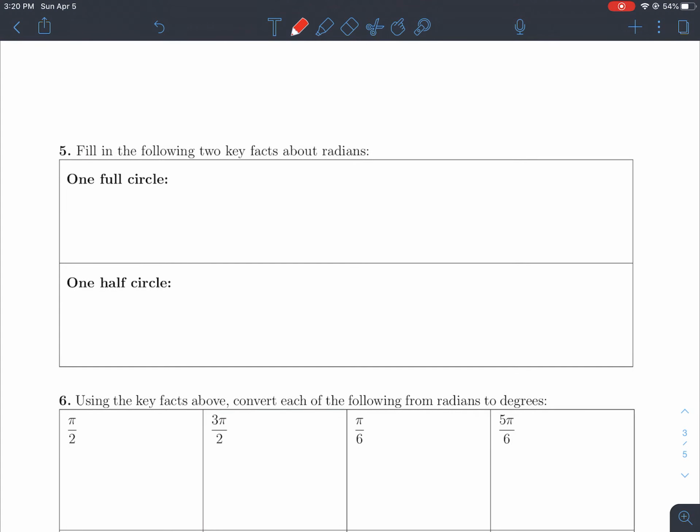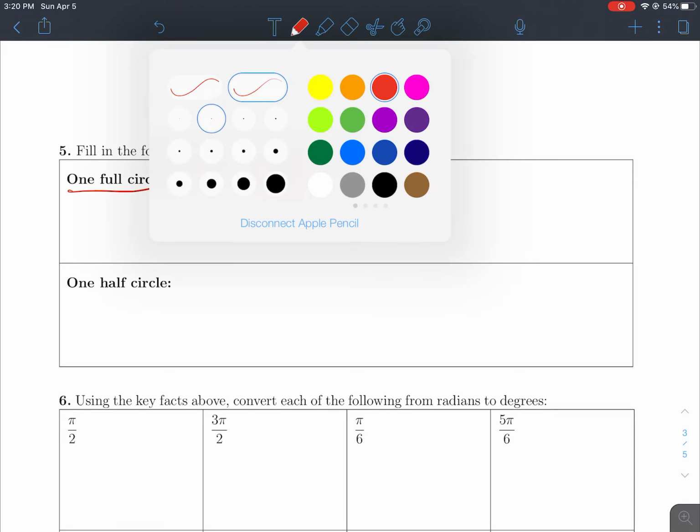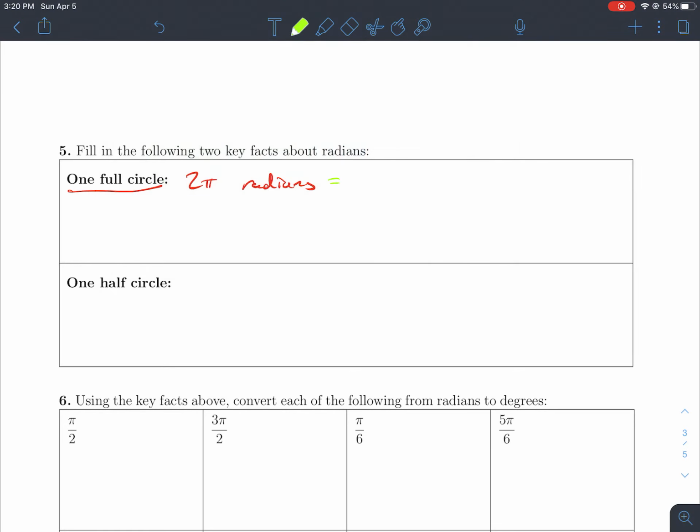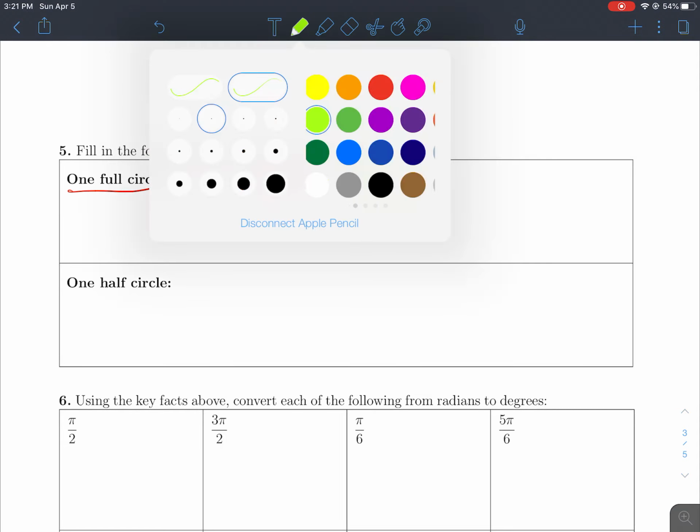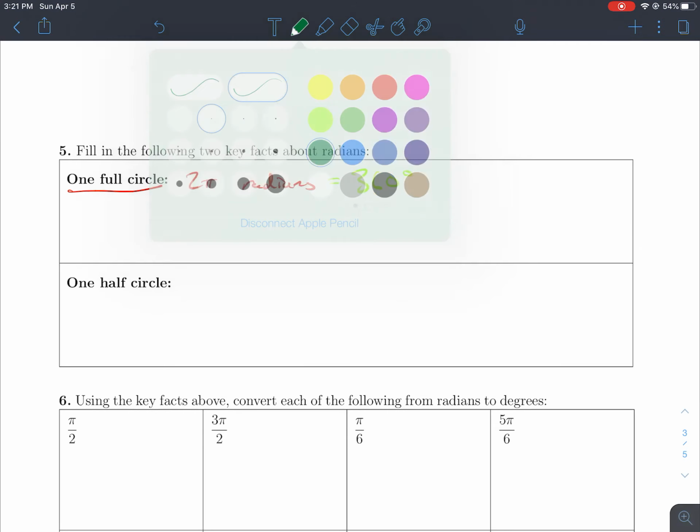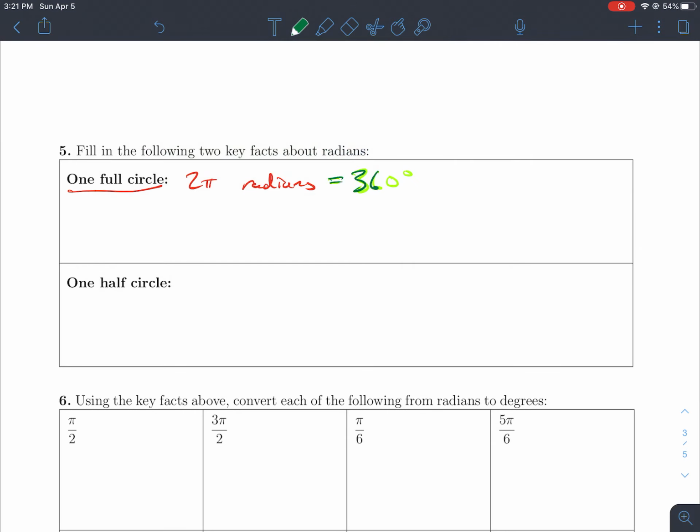So let's fill in the following 2 facts about radians. 1 full circle is 2 pi radians, which is equivalent to 360 degrees. Let me write that darker. Whoa, I didn't even know there were other colors over there. Equal to 360 degrees.